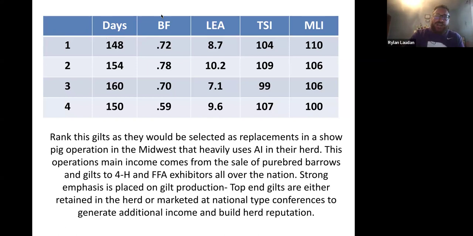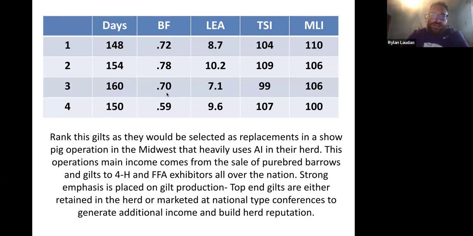Okay, so then we've got BF. All right, so BF is going to be back fat. Back fat is how lean the pig is. So we want the pig to be nice and lean. So right now I'm seeing 4 has the best back fat. Okay, 4 is the leanest and has the best back fat.